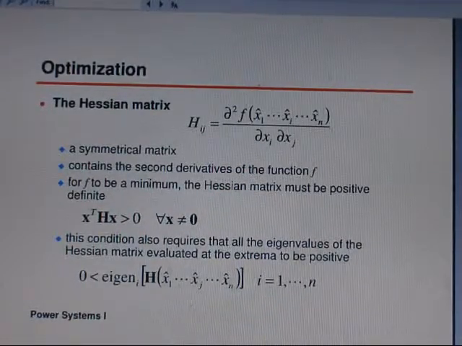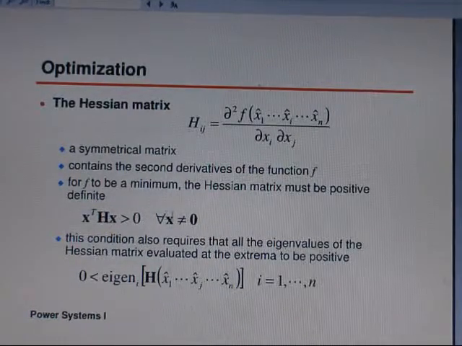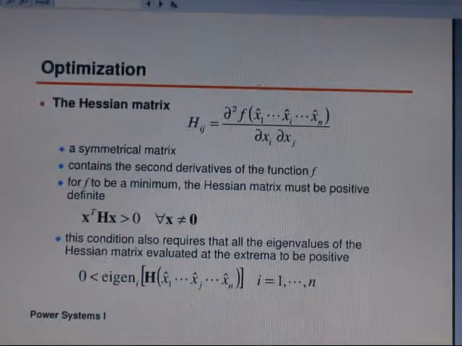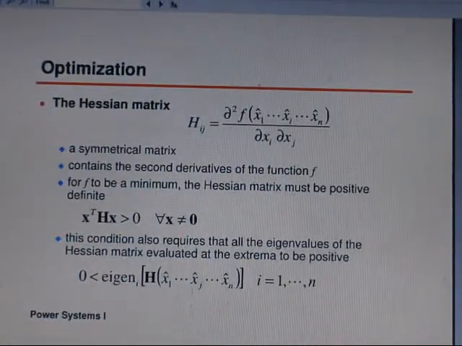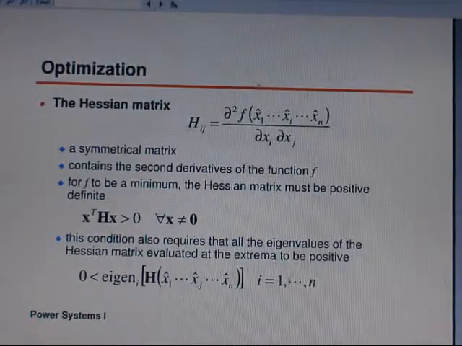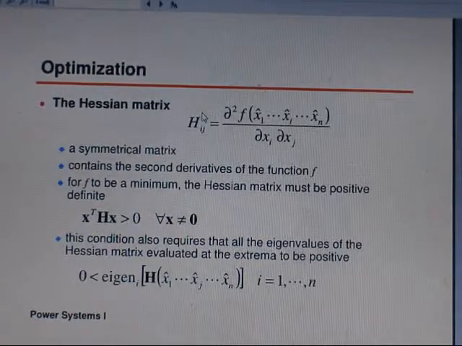To be a minimum, the Hessian matrix must be positive definite. So H must be greater than 0. In this case, we have to find the eigenvalues. Eigenvalues of the matrix must be positive for the extrema. So this is the equation for the eigenvalue calculation for the optimization, along with the Hessian matrix.